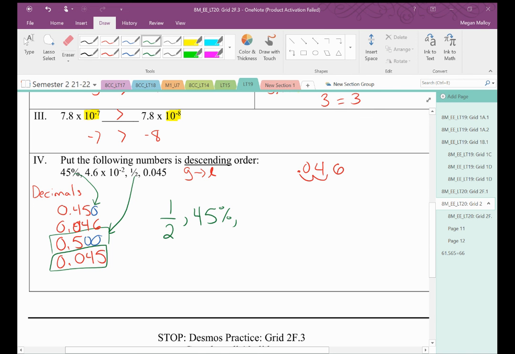My third value, as we're moving down the line from greatest to least, is going to be 4.6 times 10 to the negative second. And then last, I have 45 thousandths. And that's how you order decimals or values from least to greatest or greatest to least, depending on what the question is asking.